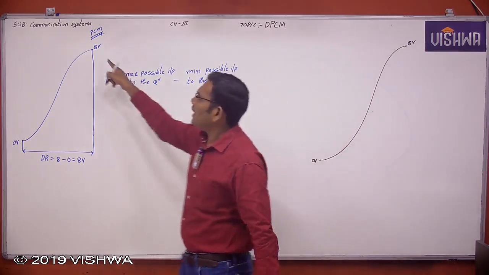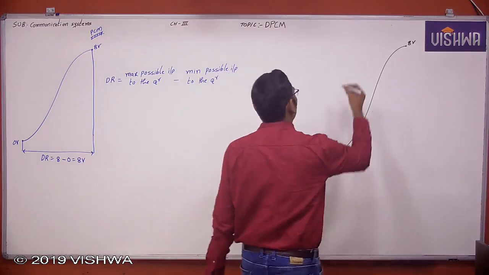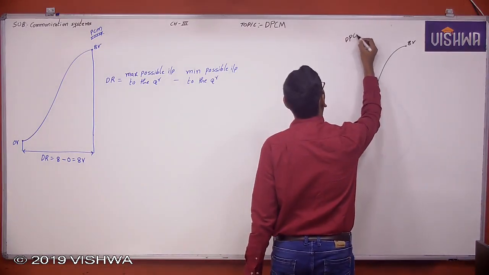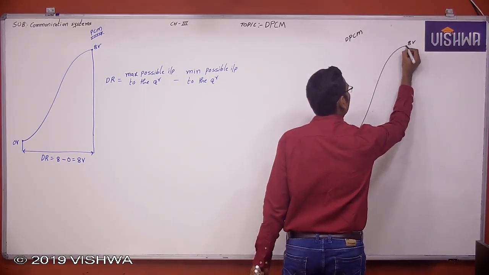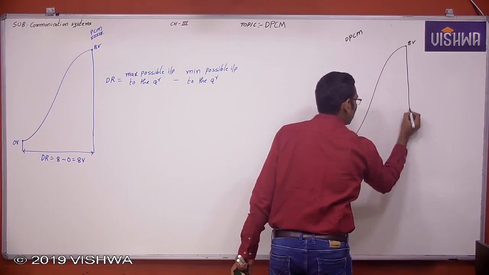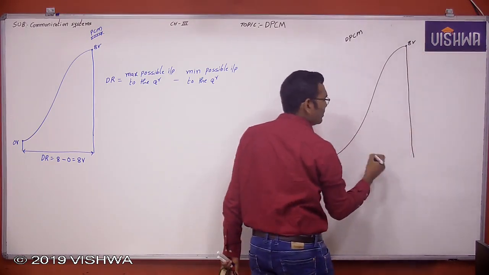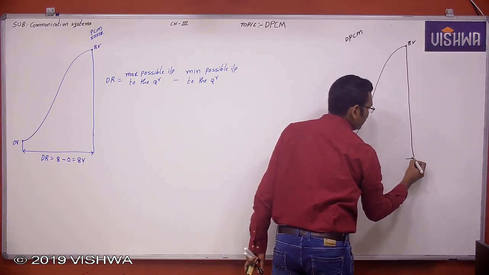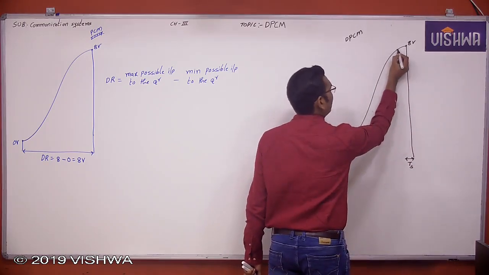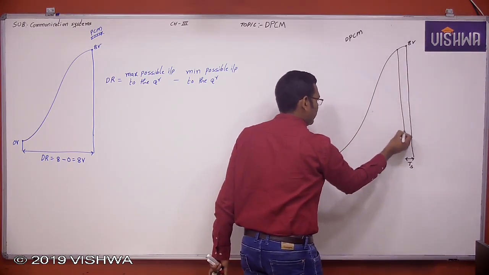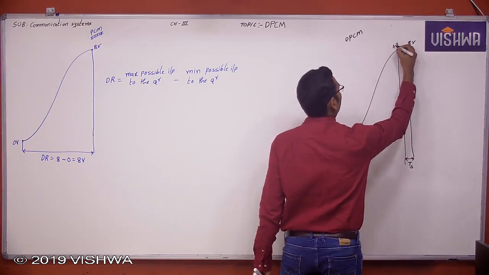Let us assume one possible input to the quantizer is 8 volts, and another possible input is just a delay of Ts seconds, let us say 7.2 or something.